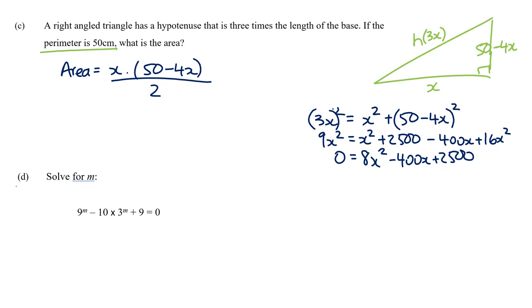I'm pretty sure they might even factorize. No, they won't factorize, but you can solve it via quadratic formula. You'll get an x of a certain number, and then you substitute that up here, and you'll get your answer. Well, x is 7.322.